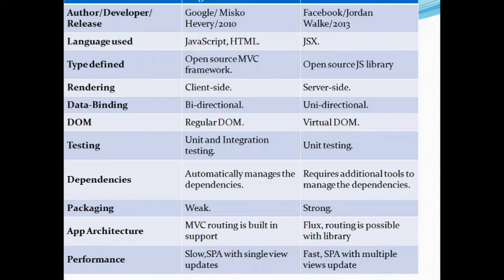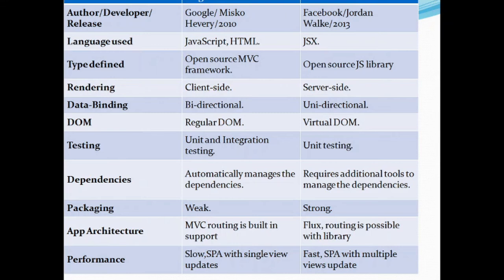If we compare with the Angular framework, React is by the Facebook team, whereas Angular was introduced by the Google team. Angular was in 2010, React in 2013, and officially released in 2015. The languages used are JavaScript, HTML and TypeScript in Angular framework. In React, we use JSX. Angular is used for the complete MVC pattern, whereas React is used only to develop the view layer.